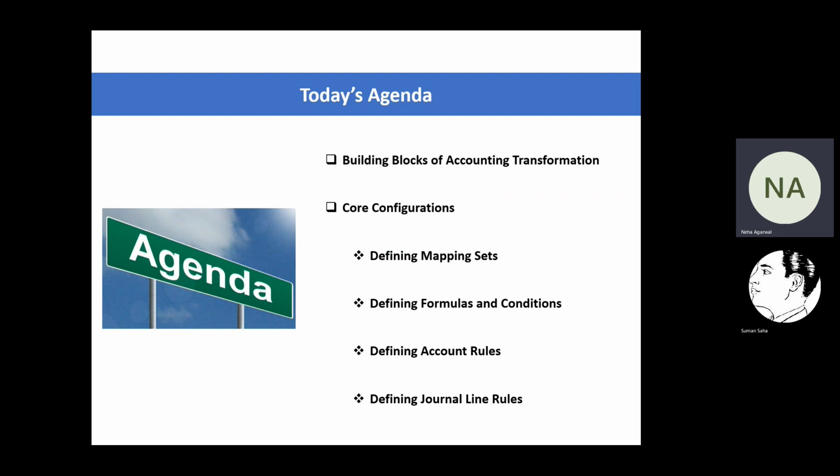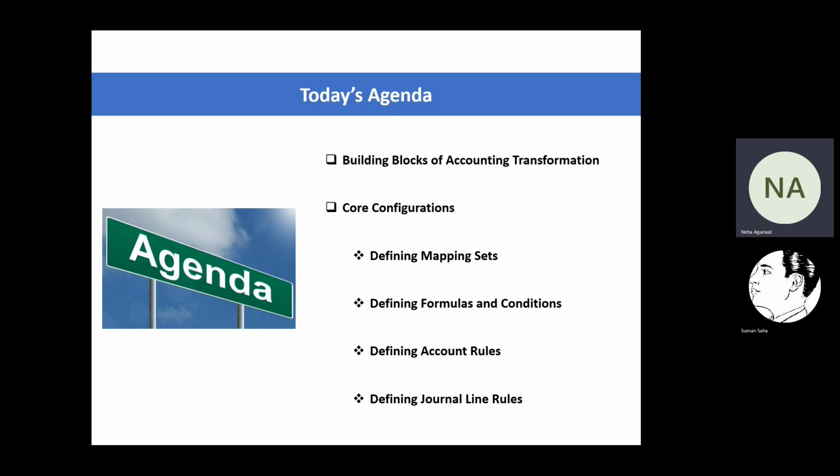I will be covering four today and the remaining in the next session. First will be mapping sets, then the user defined formulas and the use of conditions, and we'll define the account rule and the journal line rules. When the journal line rules are created, we can combine them in the journal entry rule sets. We will be seeing that tomorrow.